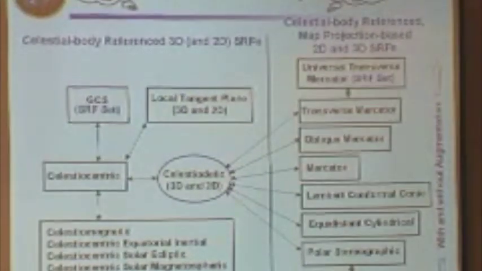We implement that as a case of transverse Mercator. Or if you wanted to convert GCS coordinates to Lambert conformal conic, they would first be converted to geocentric, and from geocentric to geodetic, and then to Lambert conformal. So this shows those kinds of relationships and how these interconversions are implemented.